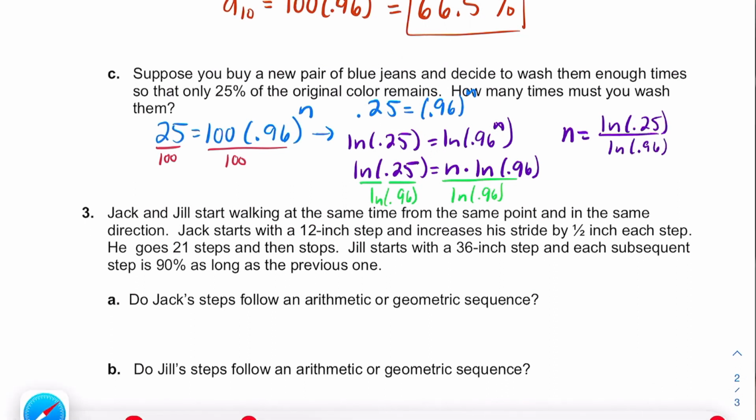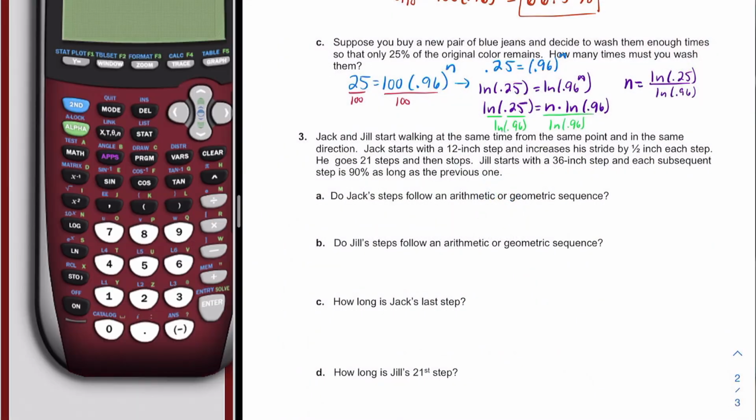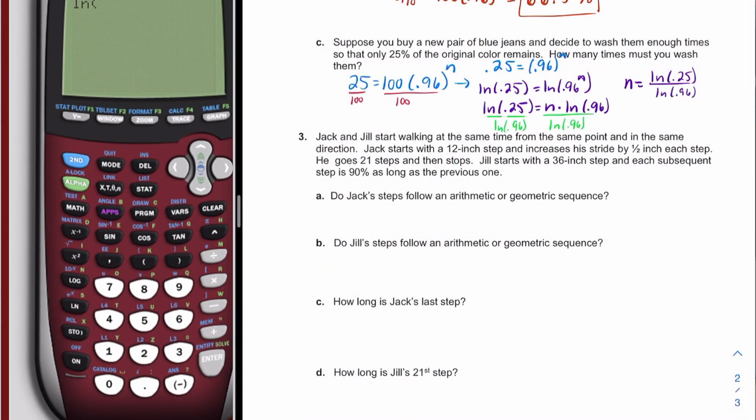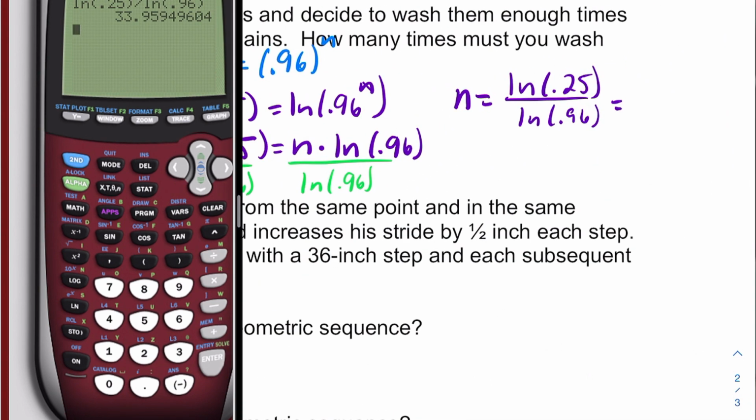So let's see what that is. You could have used the log again. It doesn't make a difference as long as you're consistent. So the ln of 0.25, close parentheses, divided by the ln of 0.96 is 33.95. And we'll say that has to be 34, we'll round it up, 34 washes to get 25% of the color.